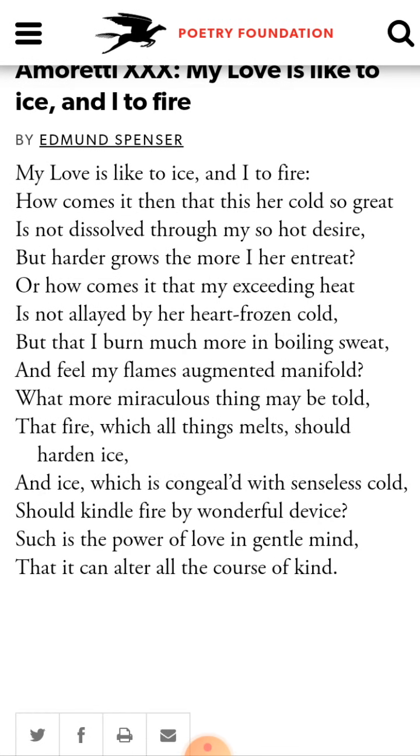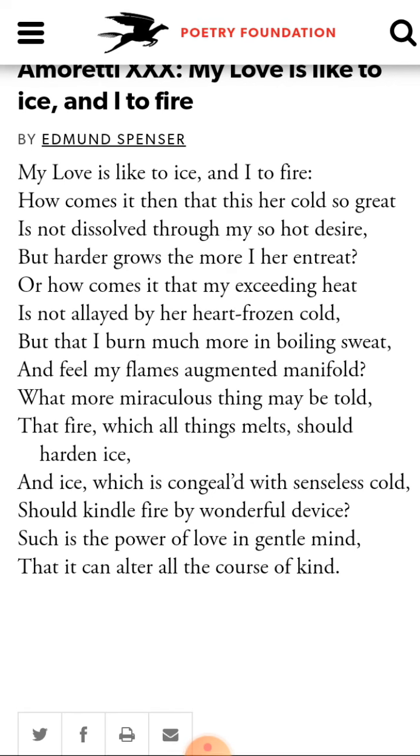The poet has posed these three questions, and now he is answering all the questions in this couplet, which is ending the sonnet. Such is the power of love in gentle mind that it can alter all the course of kind.